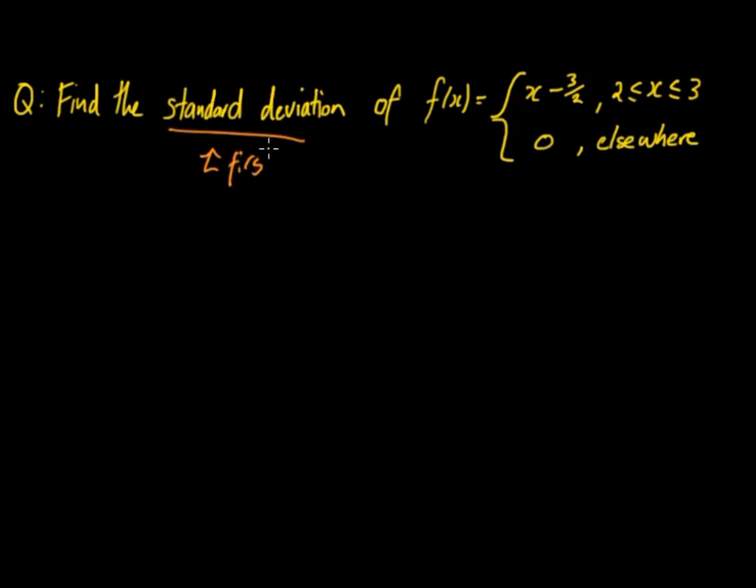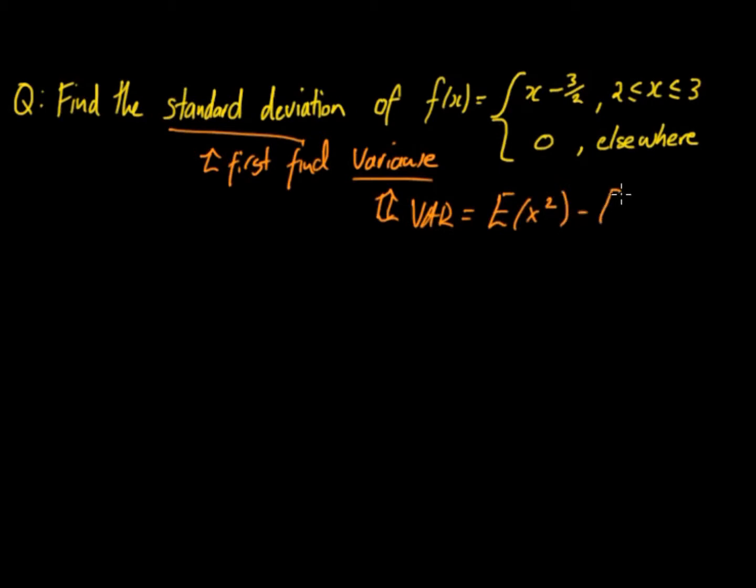And to find the variance, we must calculate the mean, because with both formulas you have to calculate the mean. I'm going to use the formula that the variance is equal to E(X squared) minus (E(X)) squared. So the first thing to do is find E(X).